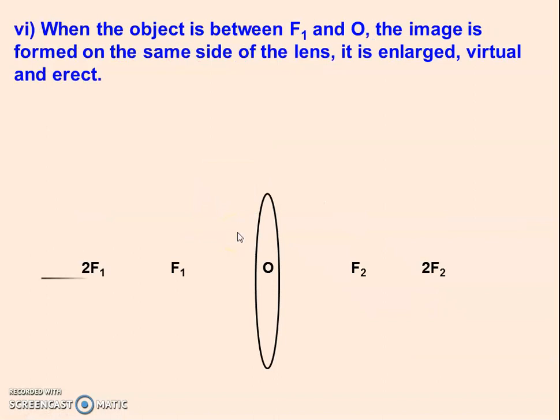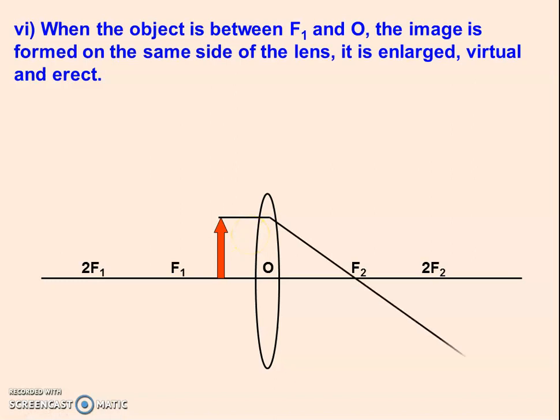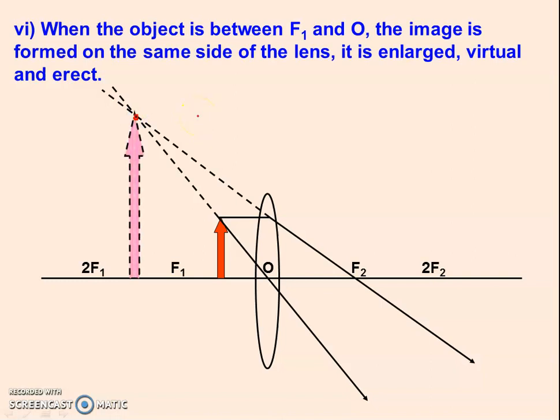See, in the next case, this is a convex lens, object now between F and O. First ray parallel to the principal axis, after refraction passes through the focal point, second ray at the optical center. Now both rays are diverging rays. If an observer observes these rays, they will appear to meet at this point, so the image will be very large.